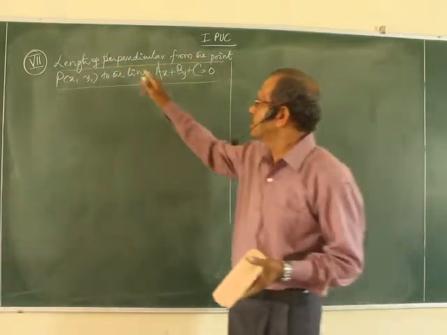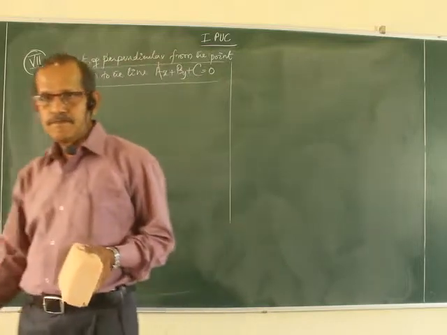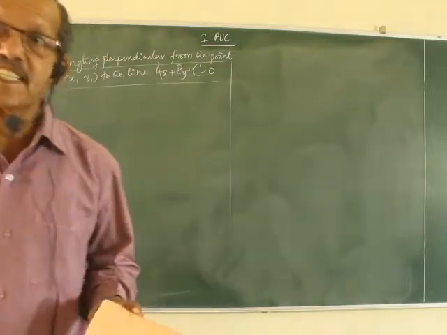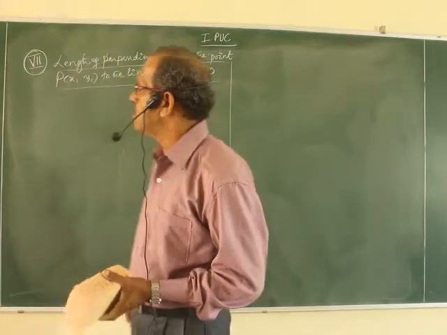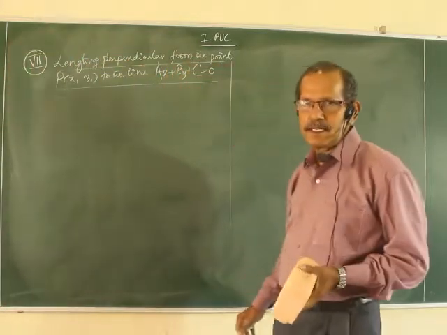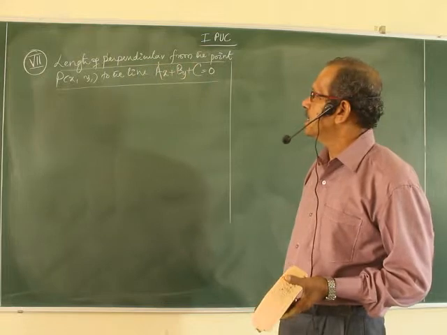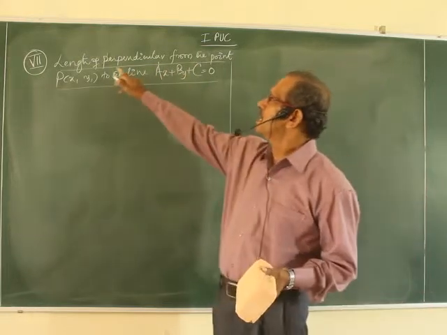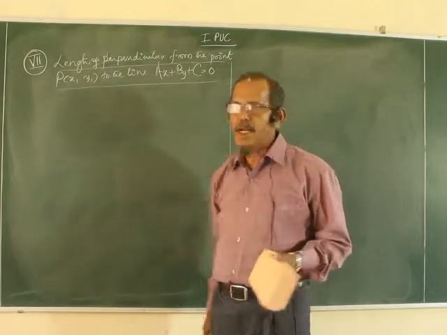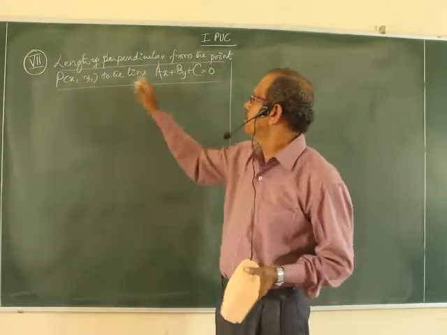Or it can also be stated as distance of the point from the line. That is also same. Distance of the point means nearest distance. It means nearest distance of the point from the line. Better to write like this: length of the perpendicular from the given point x1, y1 to the line.